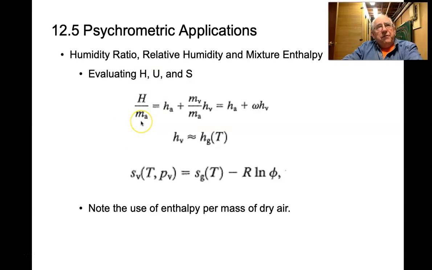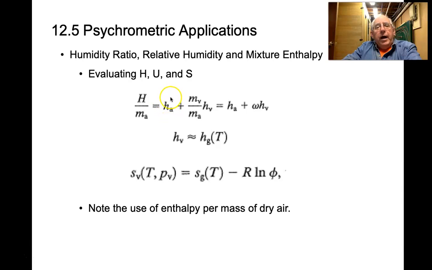It's a specific property because it's based on a per mass, but it's the total enthalpy of the mixture divided by the mass of only the air component. And so that turns out to be equal to the specific enthalpy of the air only, which is this term.